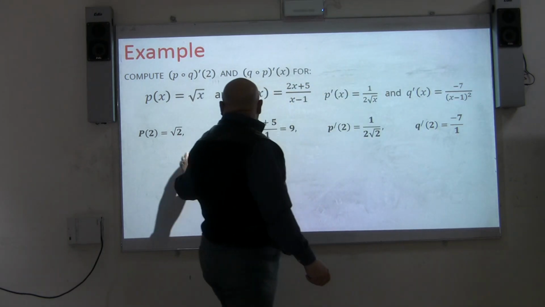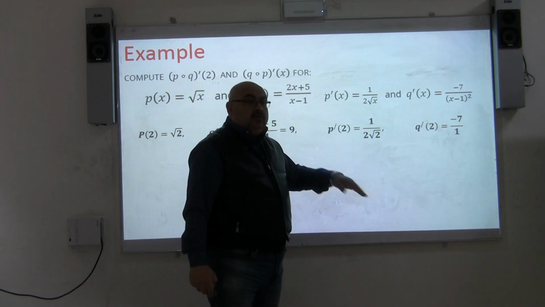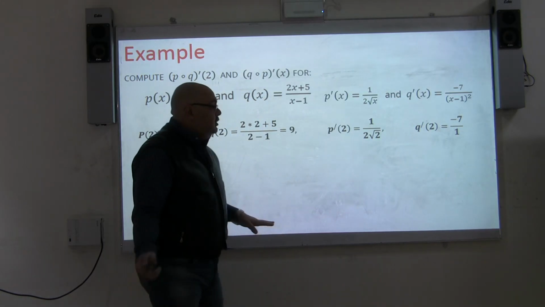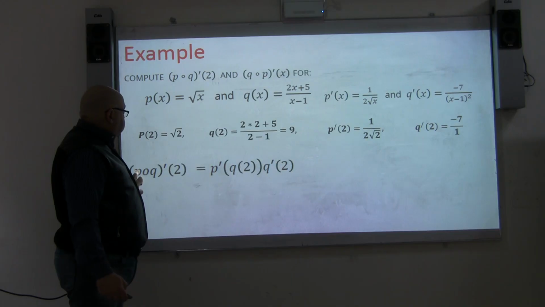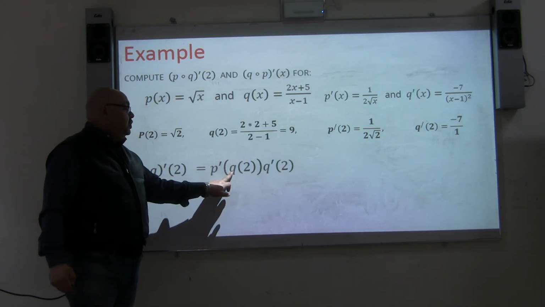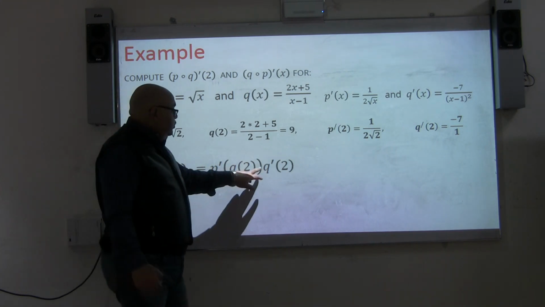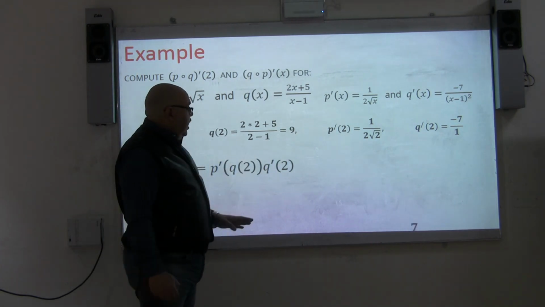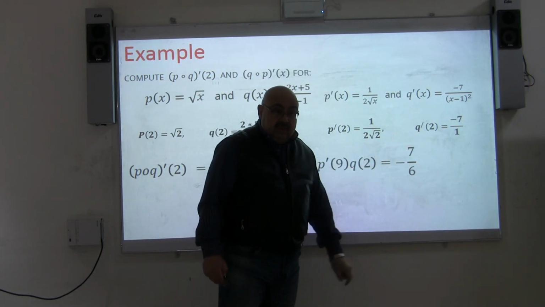Let me get the values of b at 2, q at 2, b dash at 2, q dash at 2. It's a direct substitution. Then I will start substituting, getting b dash, but the inside function is q of 2, the value at 9, times q dash of 2, so it's going to come up to negative 7 over 6 as we saw.